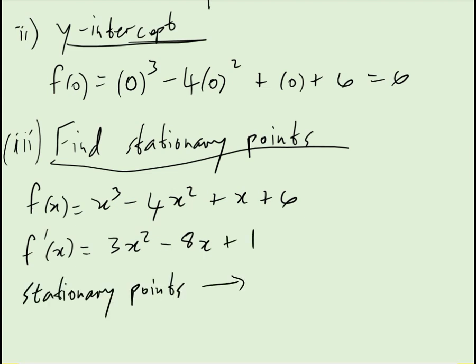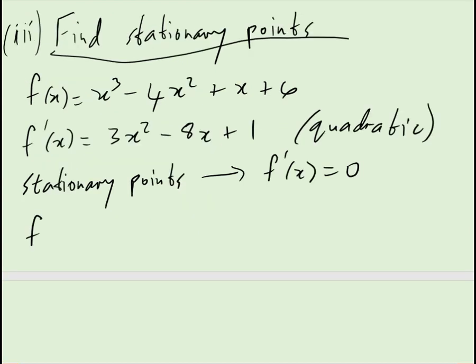We need to solve for x where f prime of x is equal to 0. Now if you see, the derivative is always 1 degree lower than the original function. So we had a cubic function, so the derivative is quadratic. So there are two turning points, or two stationary points.